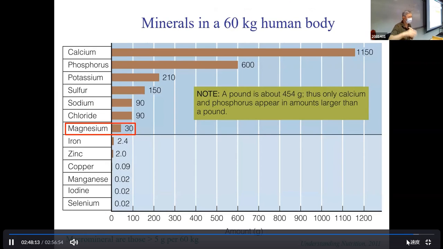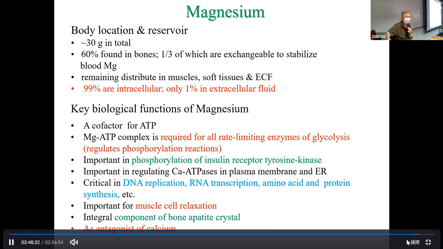Now we come to the last, and we have about 10 minutes or so to talk about the last of the macro minerals, and that is magnesium. We have somewhere around 30 grams of magnesium in our body. We are going to talk about magnesium not only from the perspective of bone, but also linked to the diabetic situation.